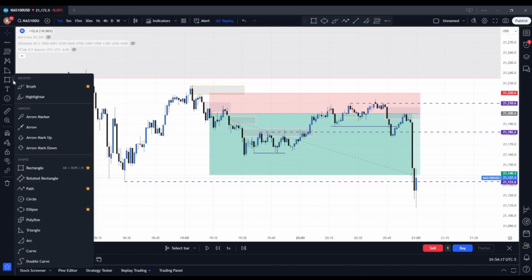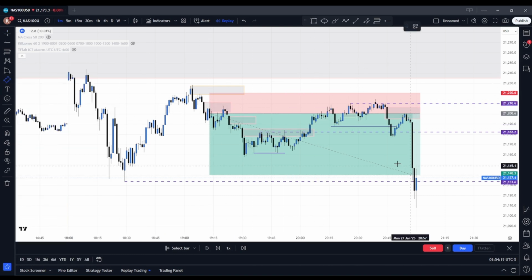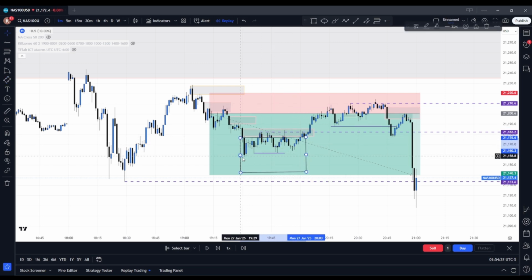So let me just take out any shape right here. Right here, what do you see? This to you is probably just a choppy environment, and it is.